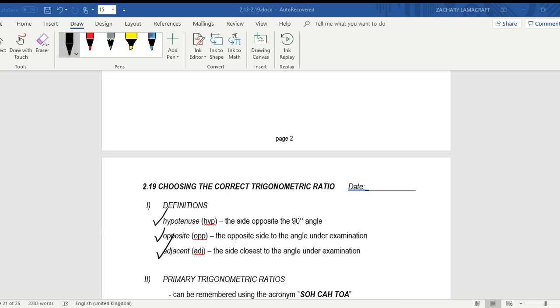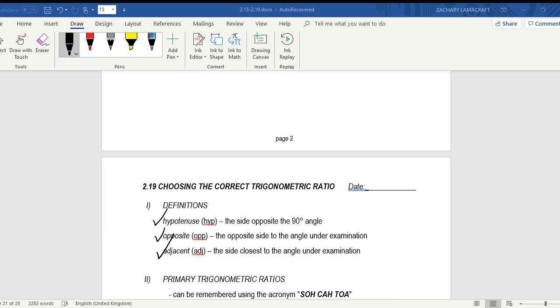So some of you have a couple of them wrong. TAN is not an acronym. What is the acronym for TAN we use? Make sure you sort that out.